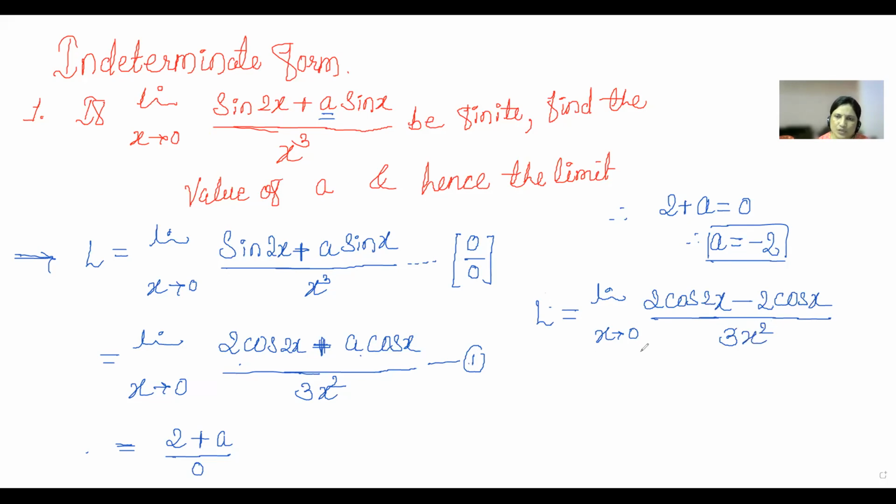Now put x equal to 0. 2 minus 2, again we are getting 0, and in the denominator also 0. So it is 0 by 0 form, and we should apply L'Hospital rule.